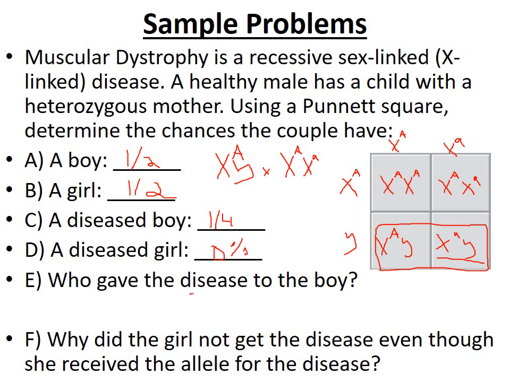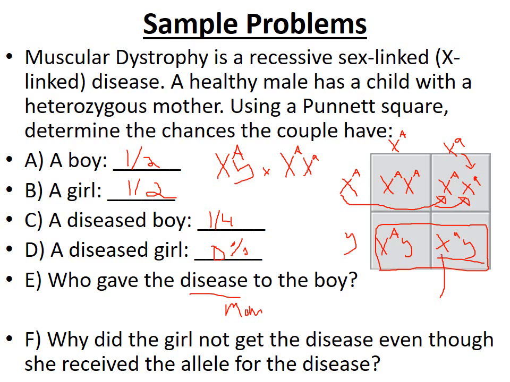So who gave the disease to the boy? Well, again, it's an X-linked disease, so it was mom. And why did the girl not get the disease again? She got the allele, but the thing is, the father gave her the healthy X allele to protect her from the disease one that her mother gave her over here. So again, the daughter has another protective allele there, whereas the son did not get this chance.